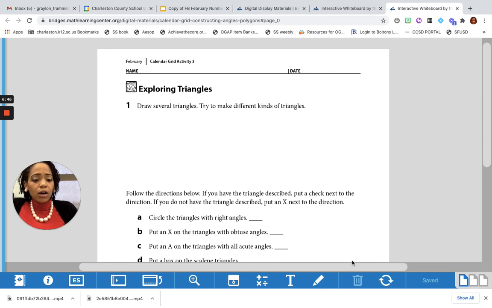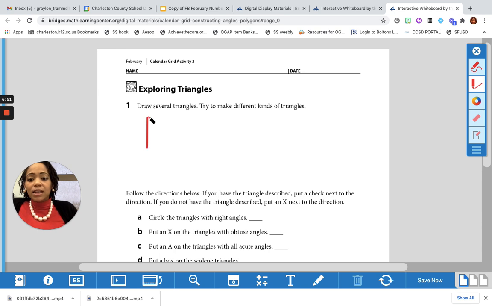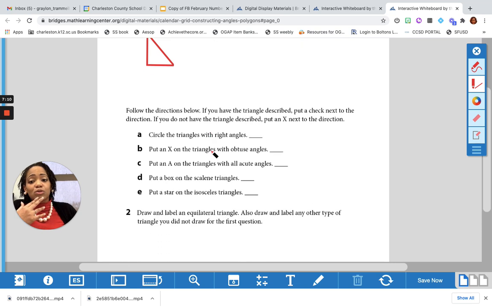And I'm going to draw a very basic triangle just to give you an example of what one might look like. What kind of triangle is that? Right, remember it's a right triangle. So you're going to just draw several different types of triangles, and then you're going to try to identify the different triangles that you've drawn. And when I say several, I mean more than 2. So try to draw maybe 5 different triangles. And then you can answer these questions below.